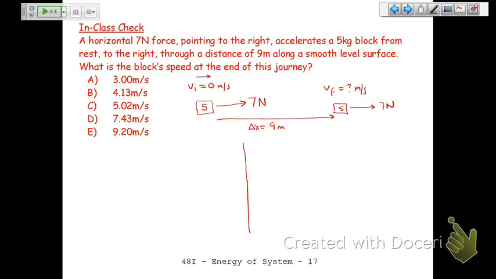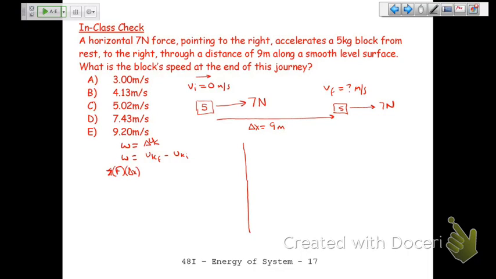But let's start off and try to use our latest tool in our toolbox, which is that the work is equal to my change in kinetic energy, UK I suppose I should say. So my work is equal to UK final minus UK initial, and I want to know the speed at the end. So what I can say is that my work is equal to, let's spell it out, F times delta x.